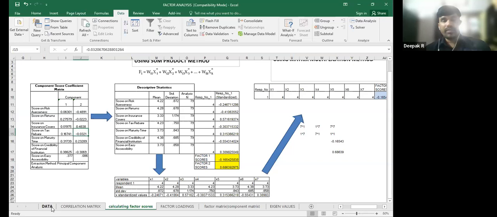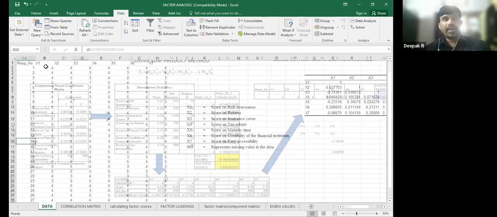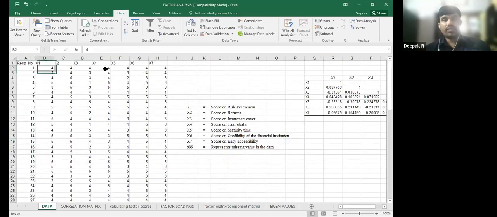The first answers with respect to the 7 questions that I had asked, and these are the various responses by the first respondent.